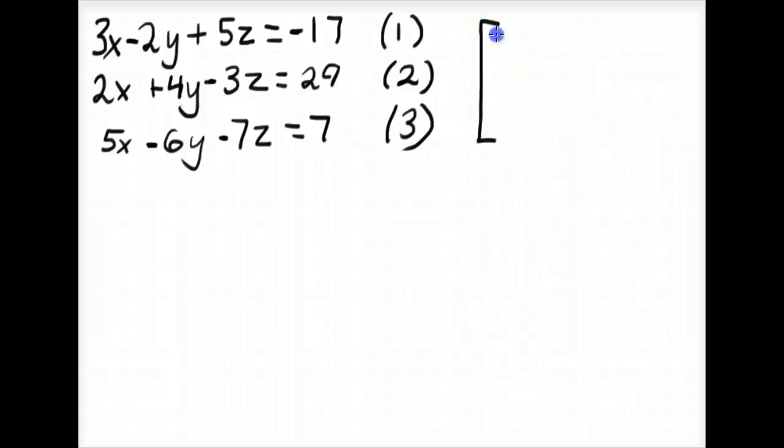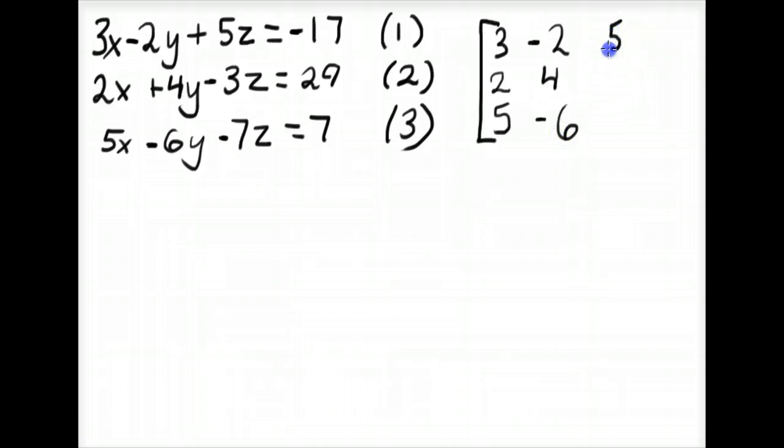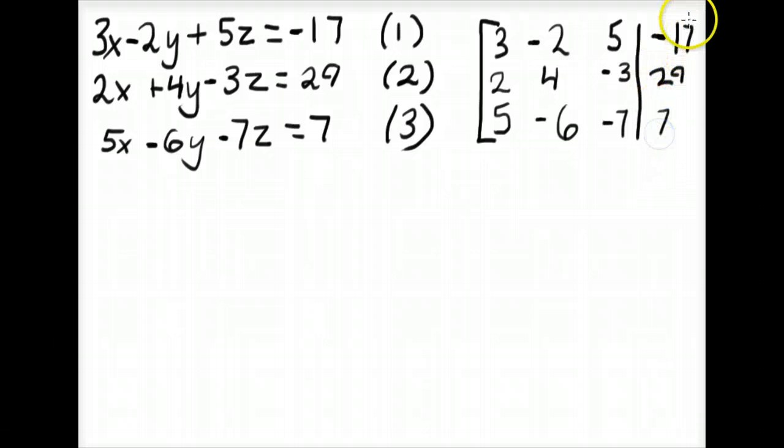So we're going to have 3, 2, then 5, negative 2, 4, negative 6, 5, negative 3, negative 7, and then we'll show the constants separated by this vertical line: negative 17, 29, 7.